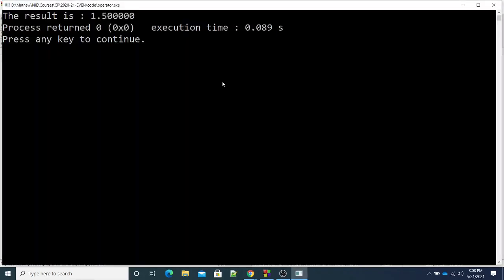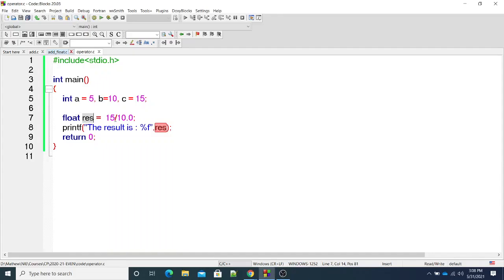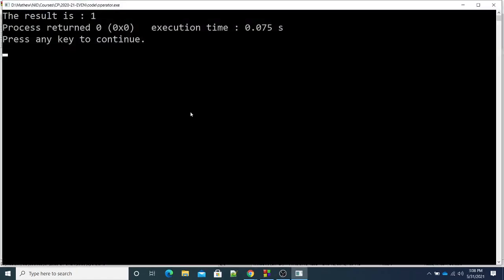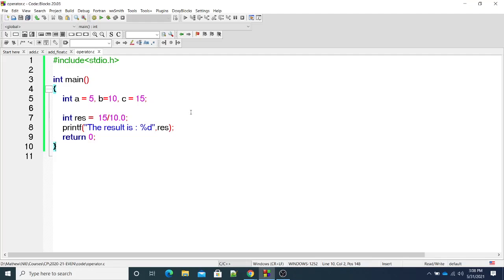Okay. Now I am going to change the variable to integer. Your question is this. Since it is an integer, I have to print it using %d, and here is the interesting thing. I get the value 1. I told you just now this is going to get evaluated to 1.5, because this is floating point type and this is integer, the floating point has higher grade, so the result will be of higher grade.